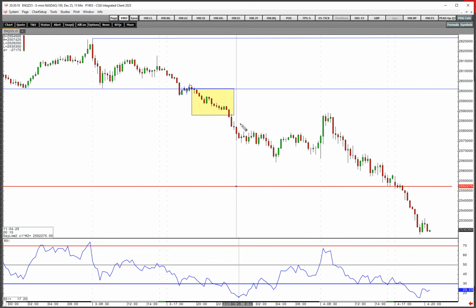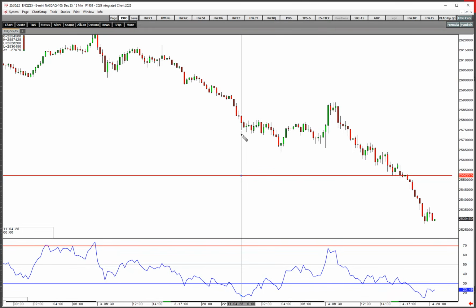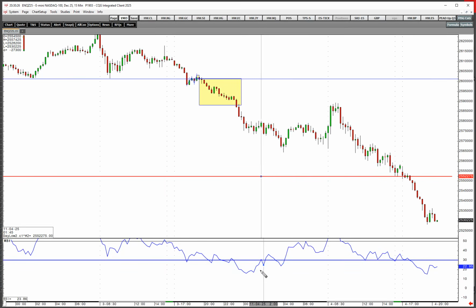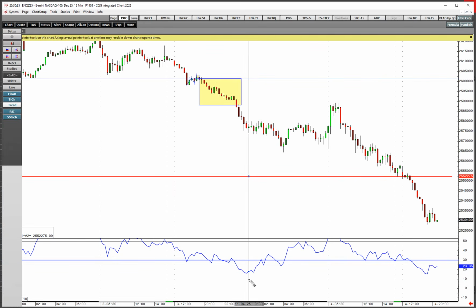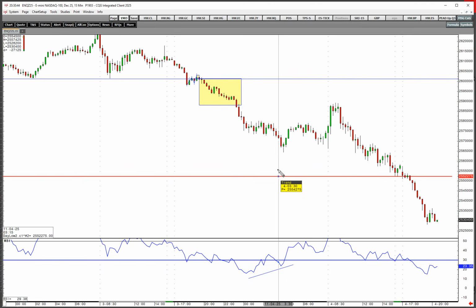We had this low down here, and then we had this higher low. So this low was definitely in the extreme range with a 15.9, 17.2 RSI 14. And then this dip that made the new low was 23.86.